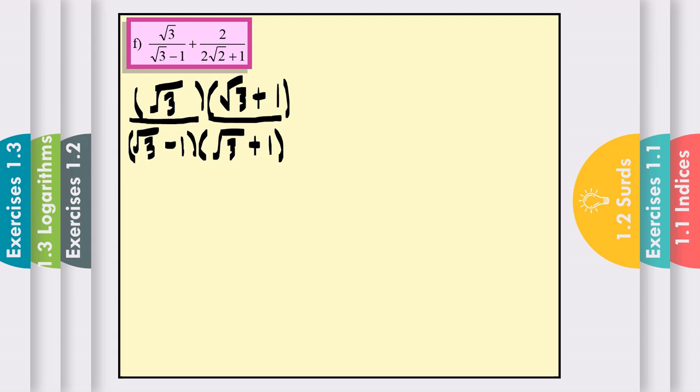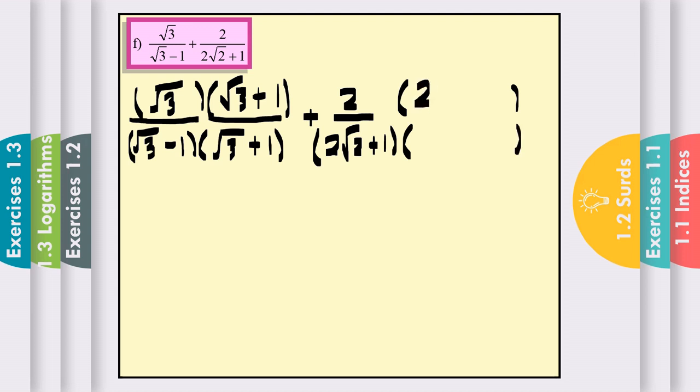For the right side, we have 2 over 2 square root 2 plus 1, followed by conjugate 2 square root 2 minus 1 over 2 square root 2 minus 1.